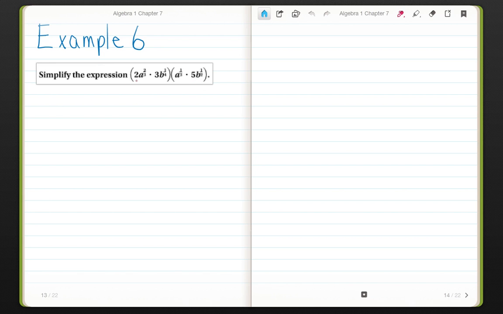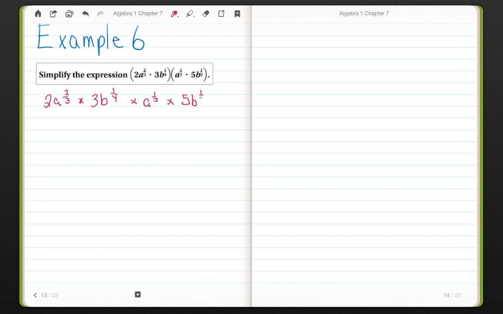So I'm going to again start by writing the original equation. 2a to the 2/3 times 3b to the 1/4 times a to the 1/3 times 5b to the 1/2.